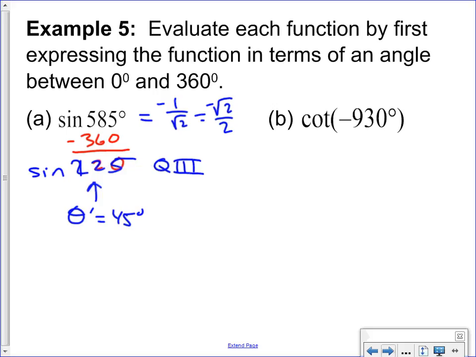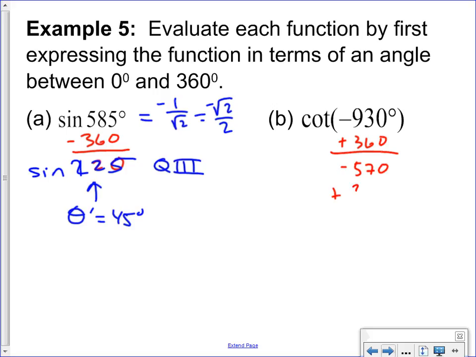Okay. Negative 930 plus 360. What is it? Negative 570.